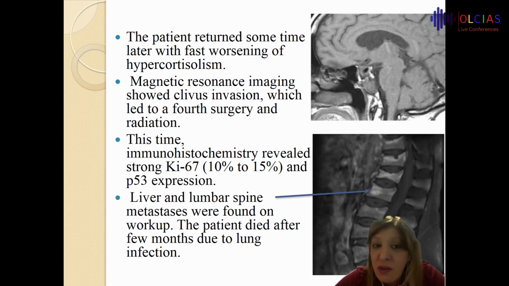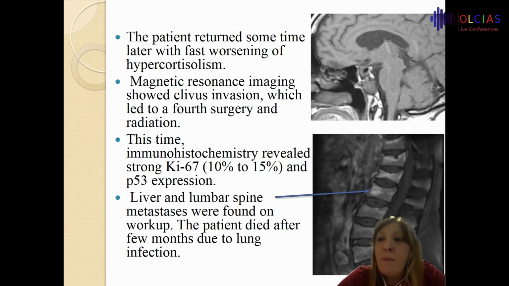This is the characteristic of this pituitary adenoma, but we noticed a few months later the emergence of some metastasis. We have liver and lumbar spine metastasis. And unfortunately, the patient died after a few months due to a lung infection.